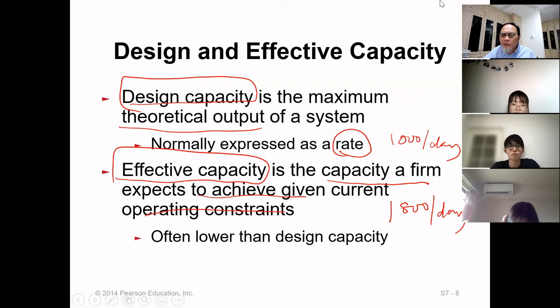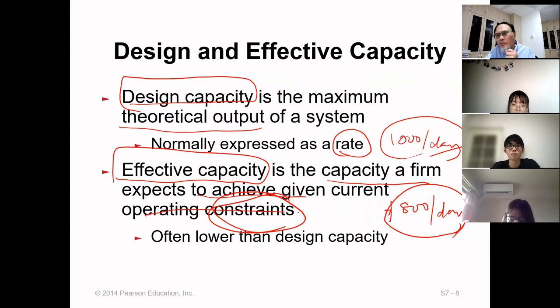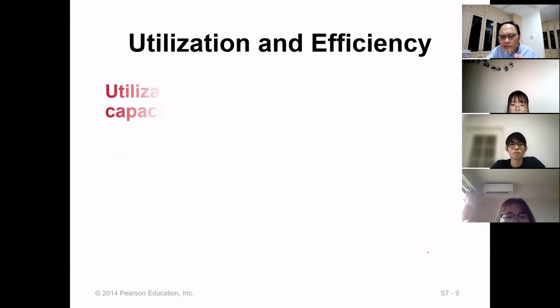This is just an example: 1,000 per day, 800 because of your constraints. It is common that design capacity is the theoretical output, and effective capacity is normally lower than design capacity. You will never get effective capacity greater than design.